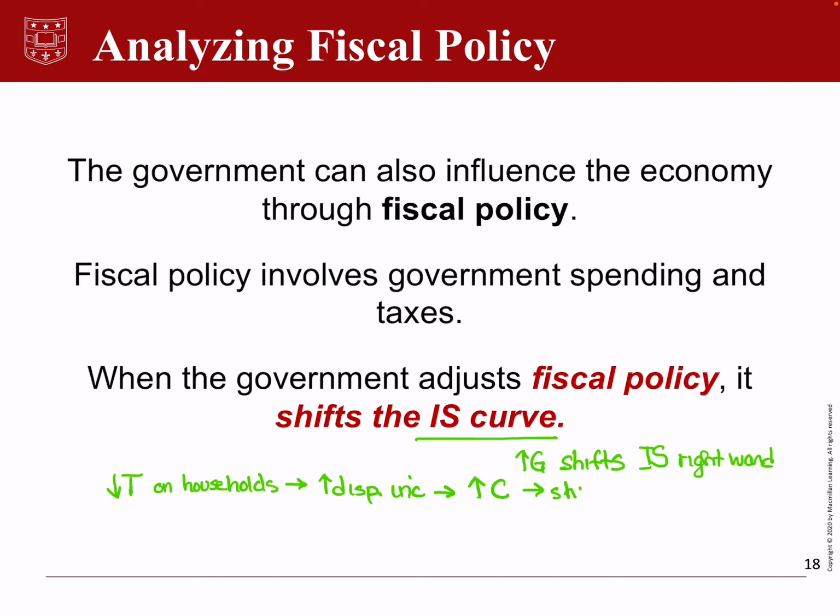Or if this tax cut were on firms, this would increase after-tax profitability. For the reasons that we've talked about in chapter 14, that would cause firms to want to undertake more gross private domestic investment, and that also shifts the IS curve rightward.